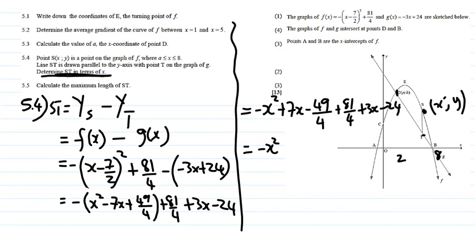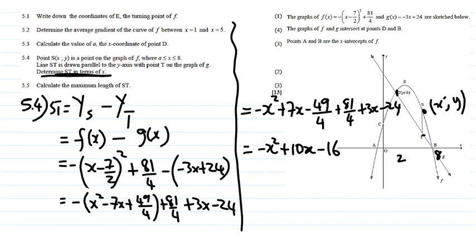Minus 49 over 4 plus 81 over 4 minus the 24 quickly. I will do the x terms together and get the 10. What do you get? Negative 16. Okay. Negative 16.